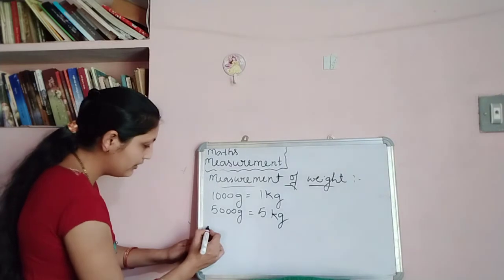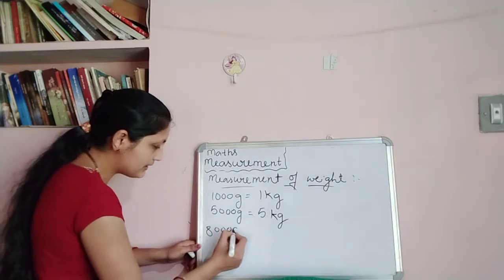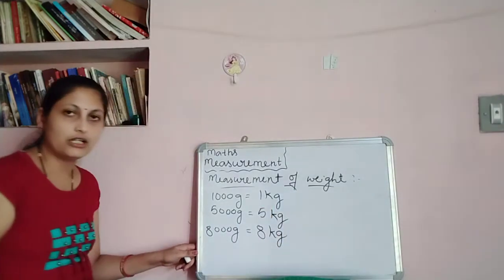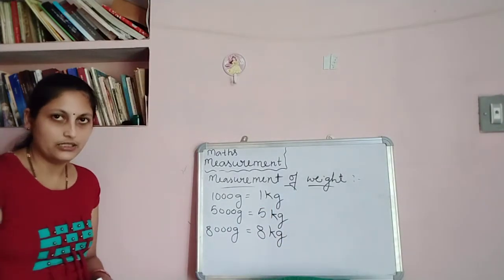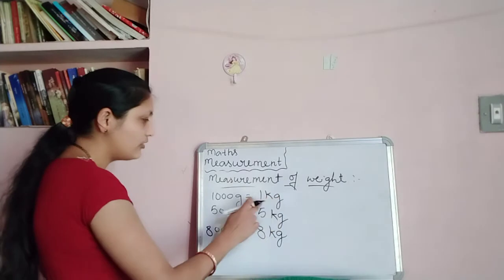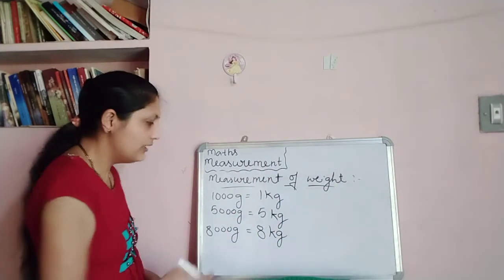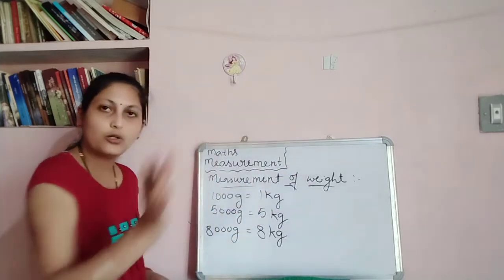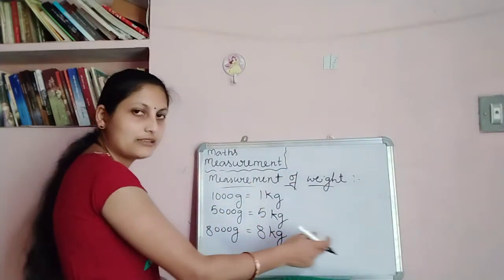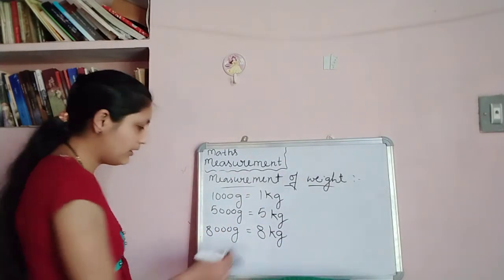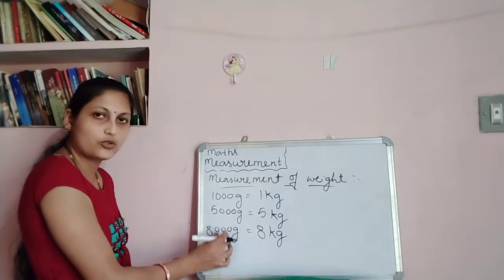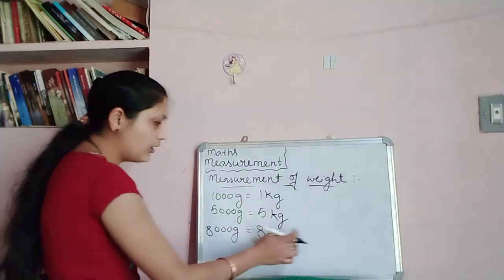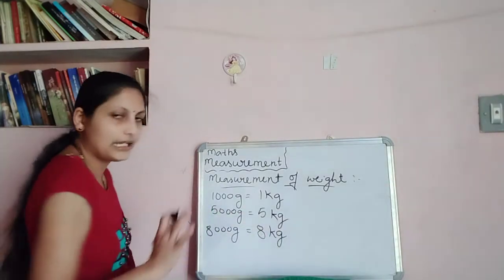In the same way, 8000 gram is equal to 8 kg. So 1 kg means 1 kg 00 grams. Here also 5000 gram is equal to 5 kg, meaning 5 kg 00 grams. 8 kg 00 grams, like that. Because these 3 zeros are grams, and as it is 0, we neglect it. We are not considering it. We are just taking kg.